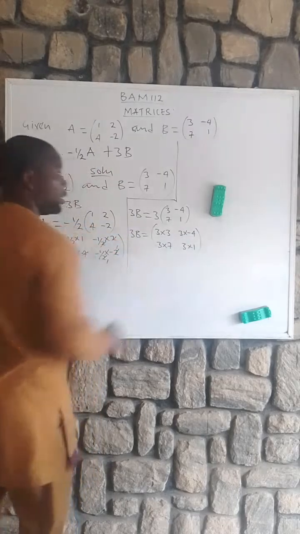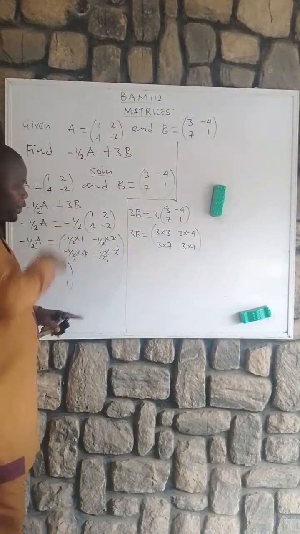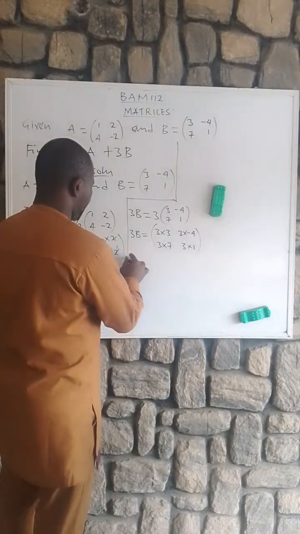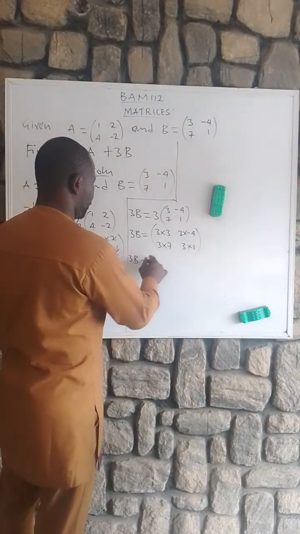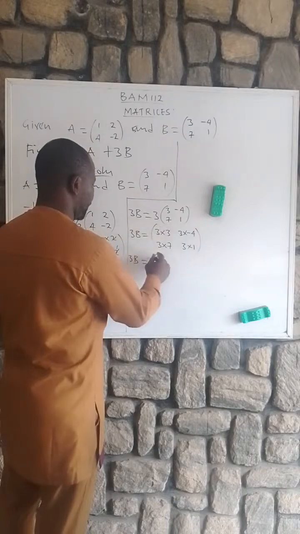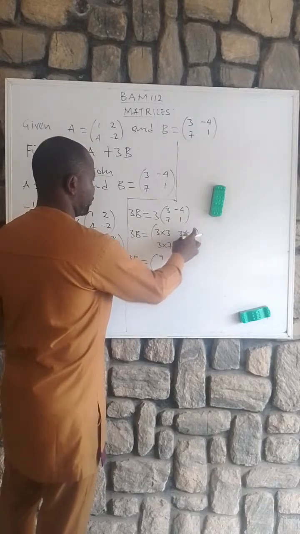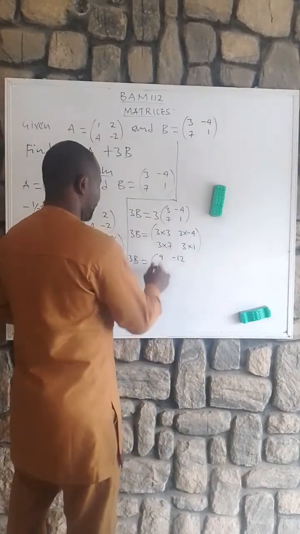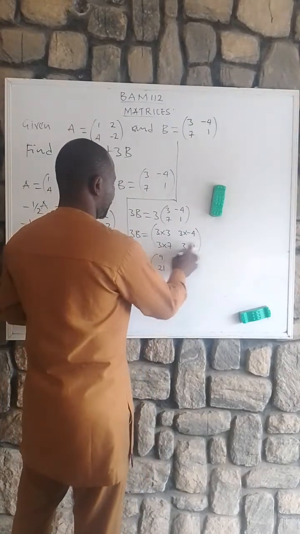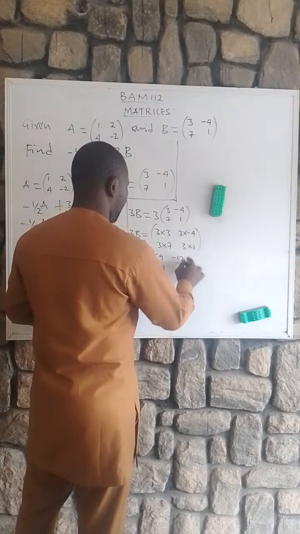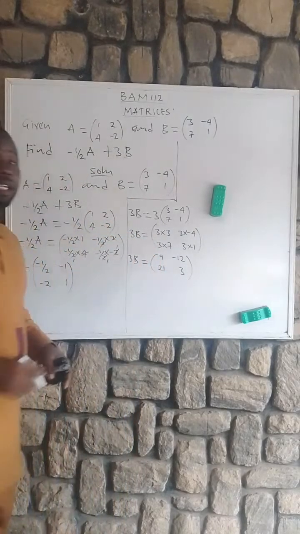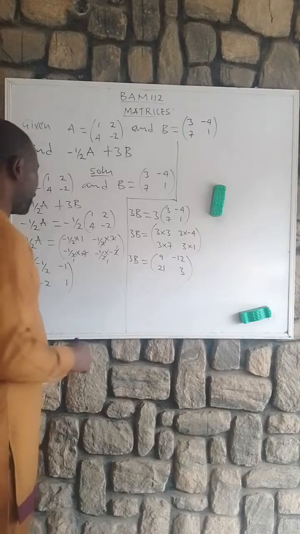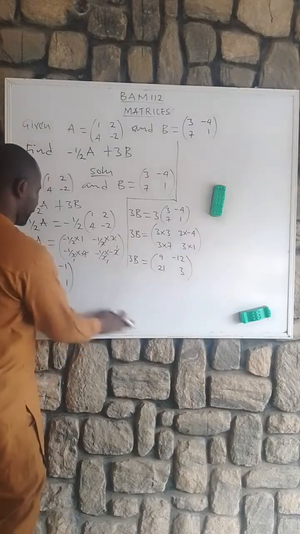If you agree with me, 3B equals 3 times 3, 9; 3 times -4, -12; 3 times 7, 21; 3 times 1 is 3. It's simple as ABC. So you now recall, right?